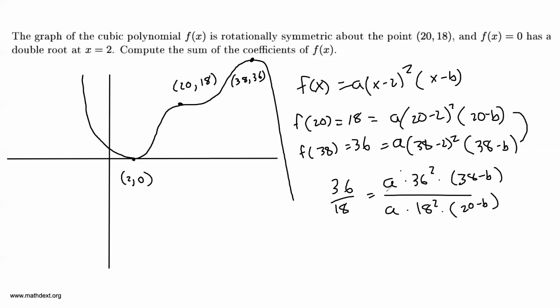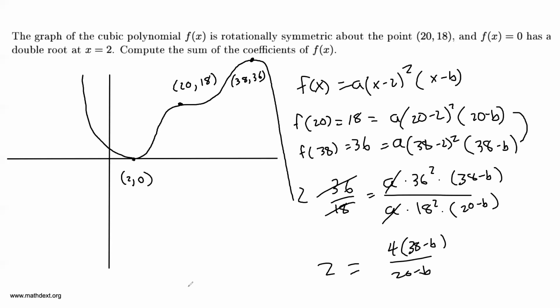And miraculously, this a cancels out with this a. 36 and 18 cancel out to make 2. And we can do some simplification on these two. Cancel out a factor of 18 squared. We get 2 is equal to 4 times 38 minus b over 20 minus b.